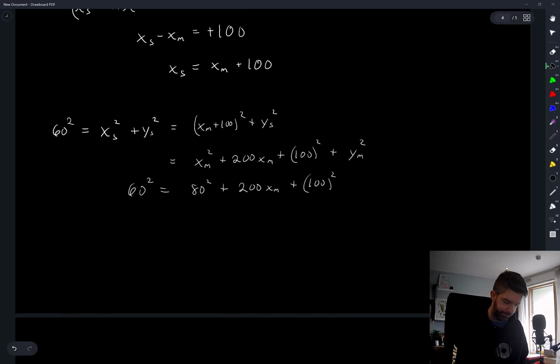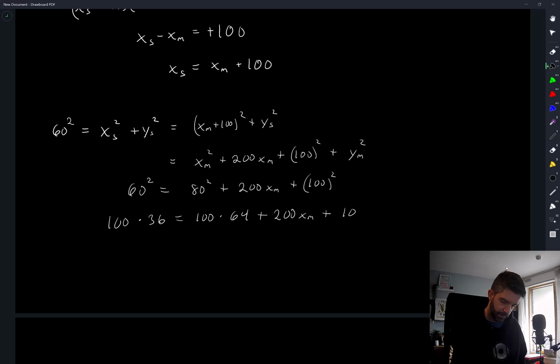Okay. 100 times 36 is equal to 100 times 64 plus 200 xm plus 100 times 100. So 36 is equal to 64 plus 2xm plus 100.